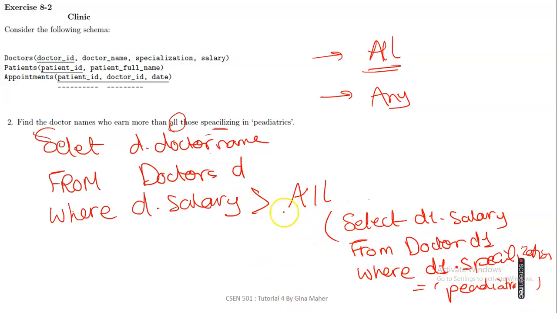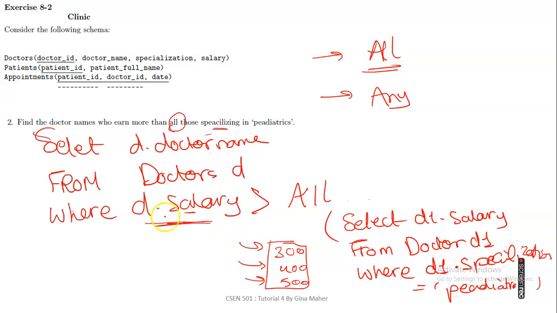However, we need to check the compatibility between them. For example, here we are comparing salary with salaries. So this query, for example, will get us a column of salary 300, 400, 500, and so on. So it's compatible to compare a salary with each and every salary here.